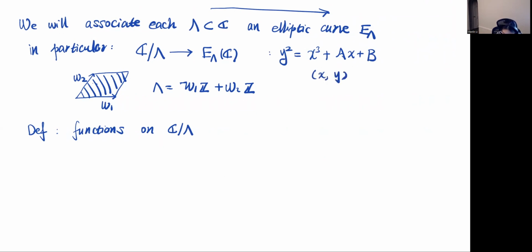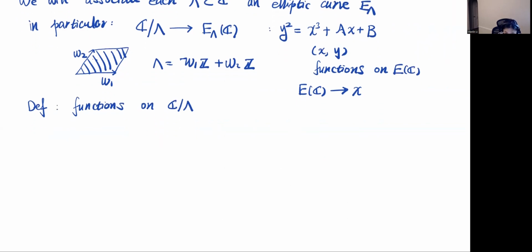These coordinates are functions on the elliptic curve: if I take the curve and map it to its x coordinate, this is a function on it. So if I want to identify a point on my elliptic curve with a point on these lattices, I need functions on this quotient of C by my lattice. Great, so let's define some functions.